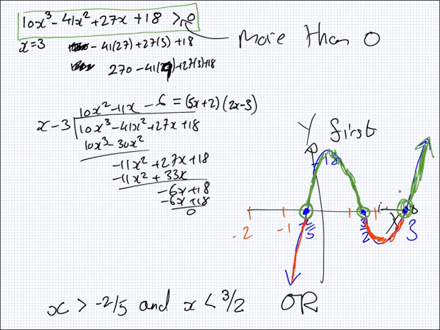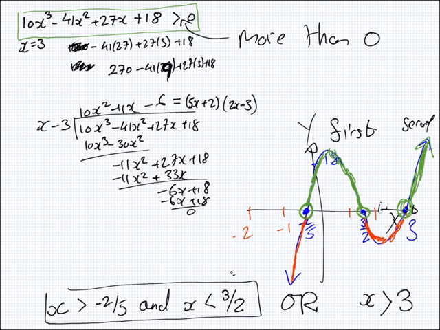Or, and now the second answer, x could be more than 3. This corresponds to this green part of the graph. Okay. So, can we combine the first question? But I'll do that in a later lesson.